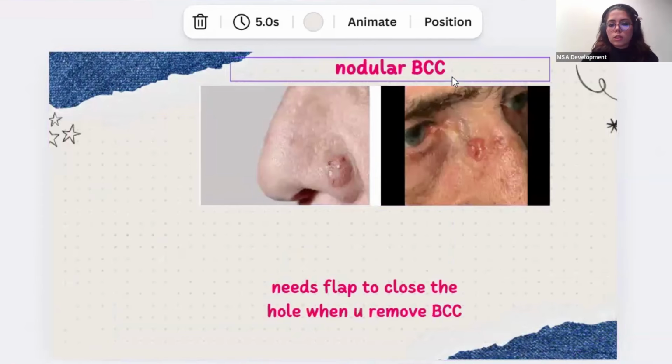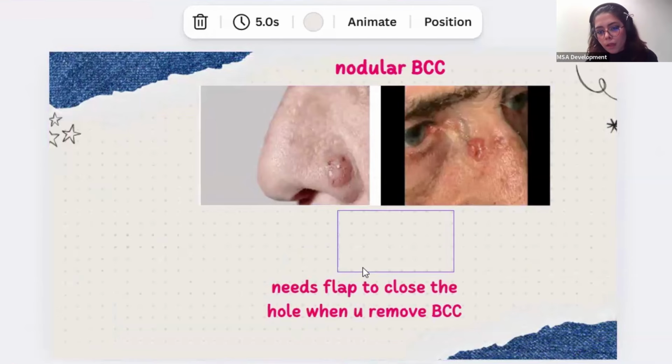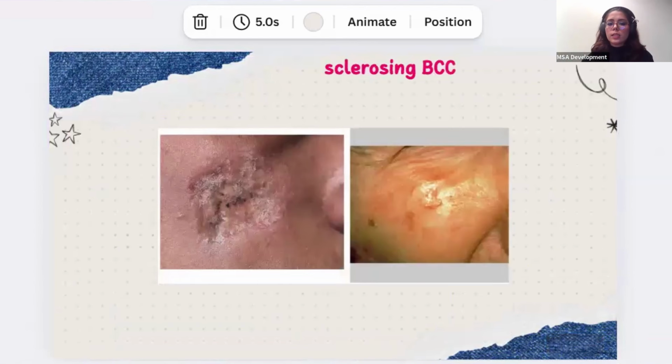Nodular BCC, this is what it looks like. You need a flap to close the hole when you remove the BCC. The rodent ulcer, it's really ugly, it's invasive, you need to watch out. Sclerosing BCC is just kind of more superficial.